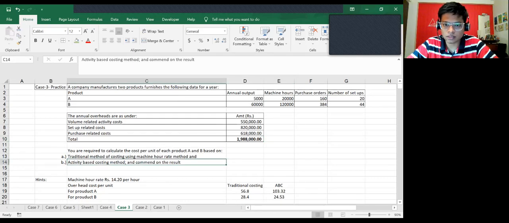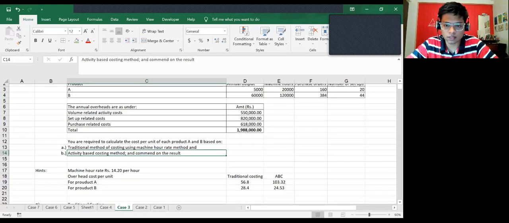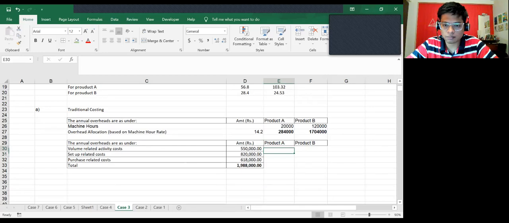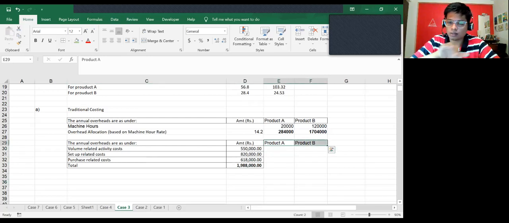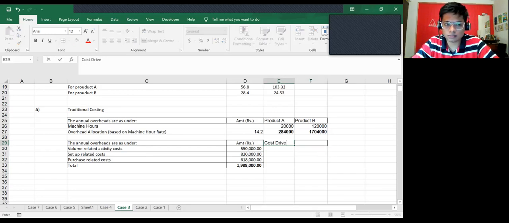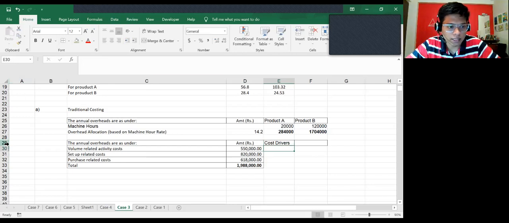Next is activity-based costing. For this, I copy this one, and now on the basis of the activity cost drivers, I'll calculate. Product A and B are given over here. Because there's no strict format given, instead of making multiple tables I can write the cost drivers and add one more row.